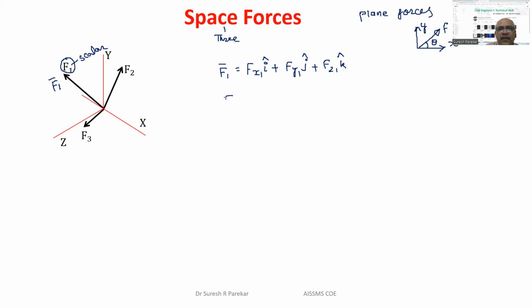Now, F1 will be equal to the root of, just as in the plane F equals the square root of Fx square plus Fy square. In the same fashion, here I will get the square root of Fx1 square plus Fy1 square plus Fz1 square.